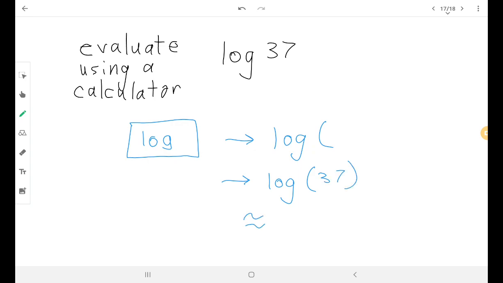And then it'll give you some sort of a decimal answer almost every time, unless you get real lucky. And you just put the decimal, and they'll probably tell you to how many decimal places. And this one is approximately 1 point, let's just go to 2 decimal places, 5, 7. All right, I'll give you a moment to look at that.